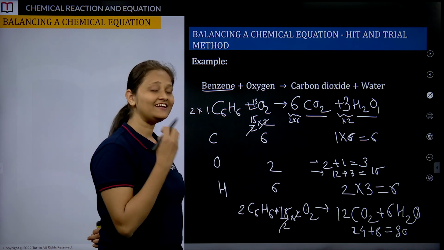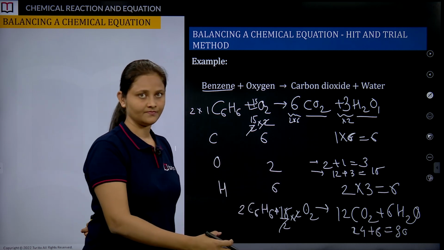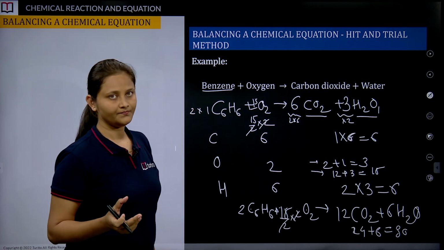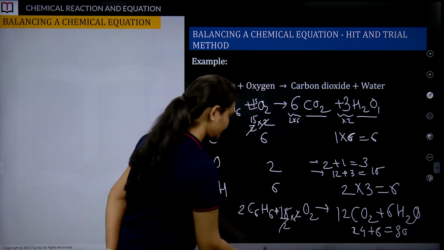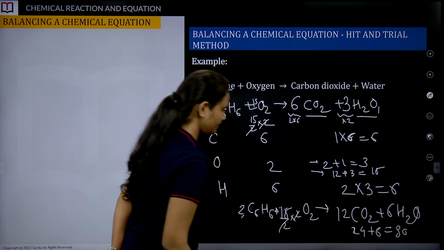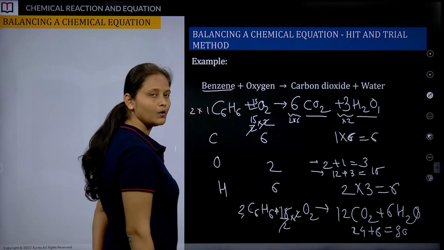That is why I said hit and trial method is there, okay. So, we can do these changes as per our convenience in order to balance the chemical reaction, okay. So, here 12 carbon, then we are having 12 hydrogen, 30 oxygen, okay.